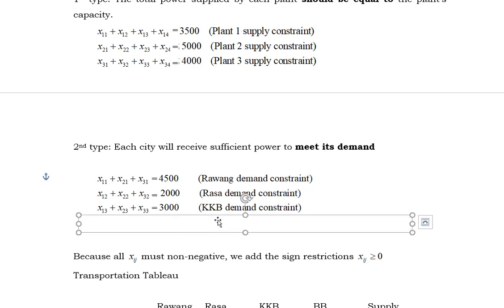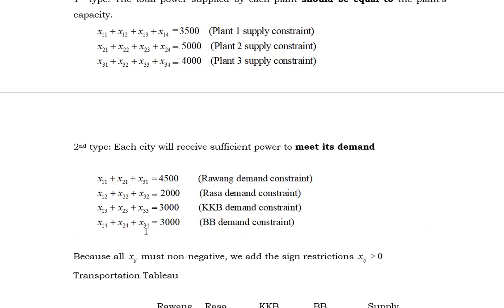And the last constraint is x14 plus x24 plus x34 equals 3,000. Lastly, we need to add a sign restriction. All variables are non-negative.